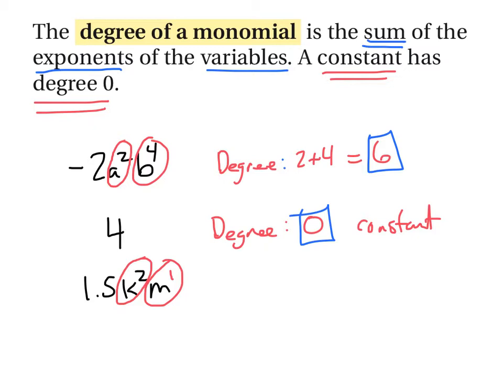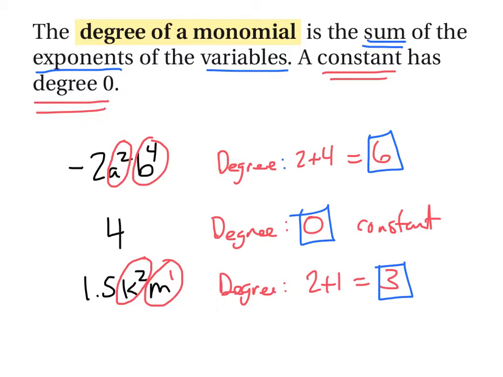And so the degree here is going to be 2 plus 1, which is 3. So the degree here is 3. Any monomial that we can write down, we can figure out the degree. For monomials that have variables, we simply add up the exponents on the variables. For constants, it's easy. The degree is 0.